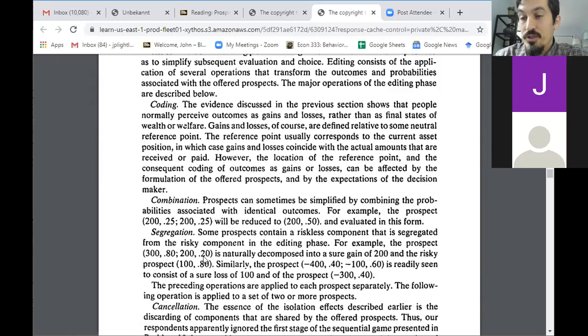And saying, well, I get a sure gain of 200 plus the possibility of getting an extra 100 with a 0.8 chance. And you will evaluate that differently according to prospect theory than you would if you took 300 and 0.8 and did your probability weighting function, and then you did 200 with 0.2 and then did your probability. You see what I'm saying?